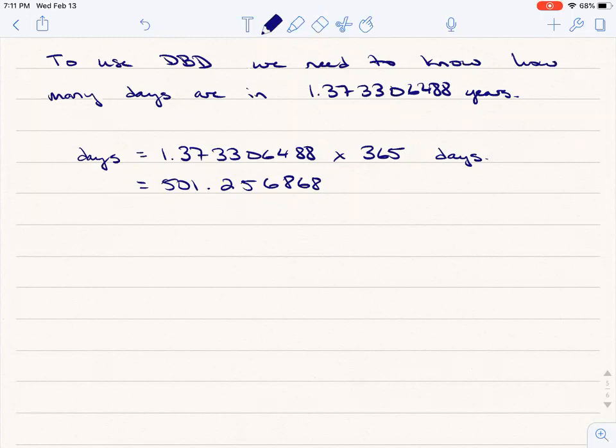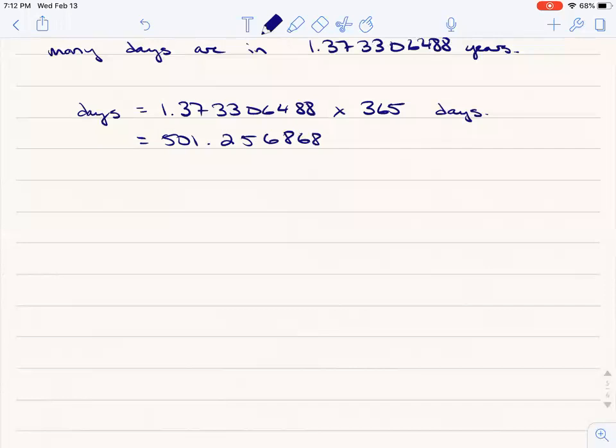This means it would take 501.26 days. At 501 days, we're not quite at that future value amount that we need. So we would have to go for 502 days to reach that amount. And so we need to round up to the nearest whole value.